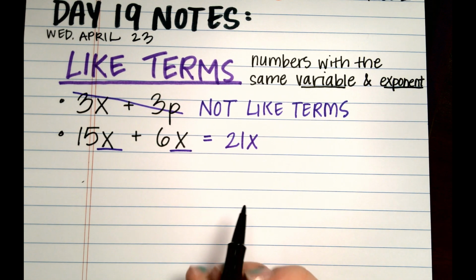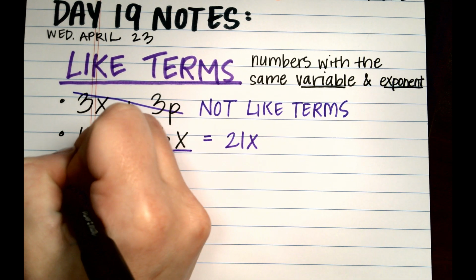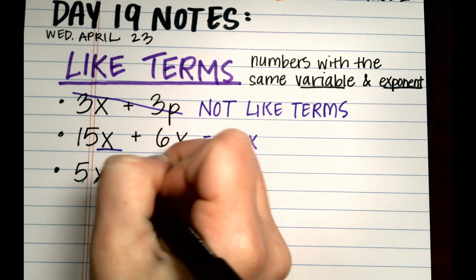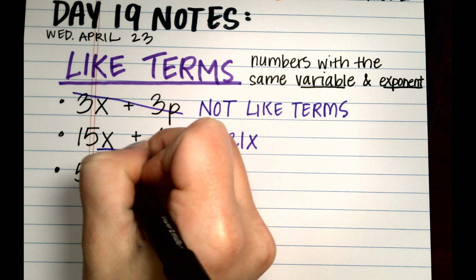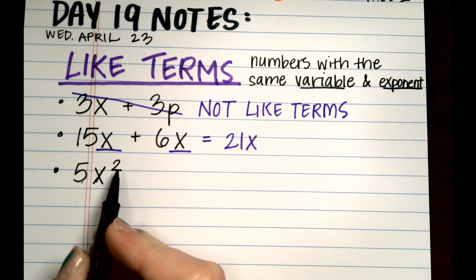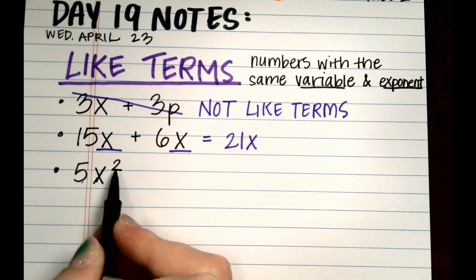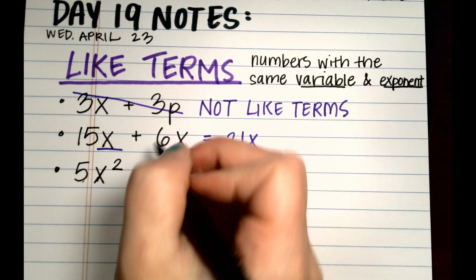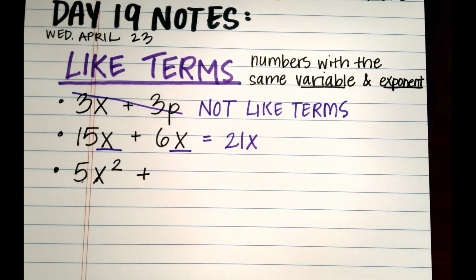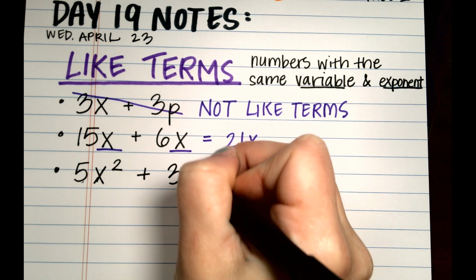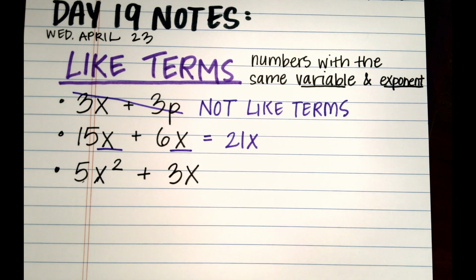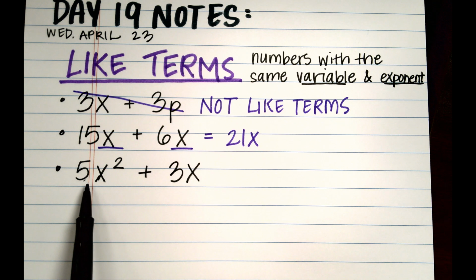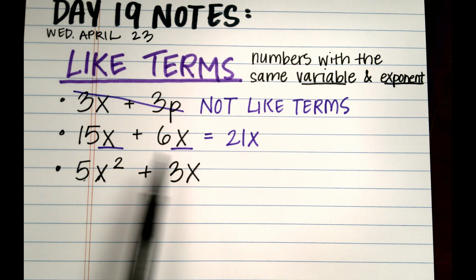What if I gave you 5x squared, 5x to the second power. Here's our exponent. Plus 3x. These are not like terms.